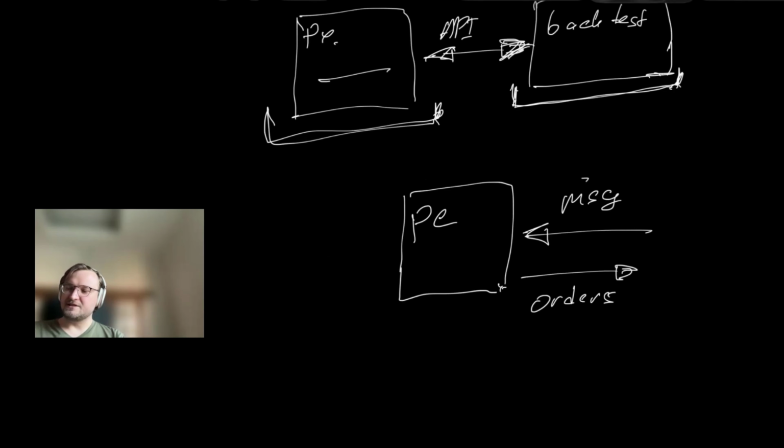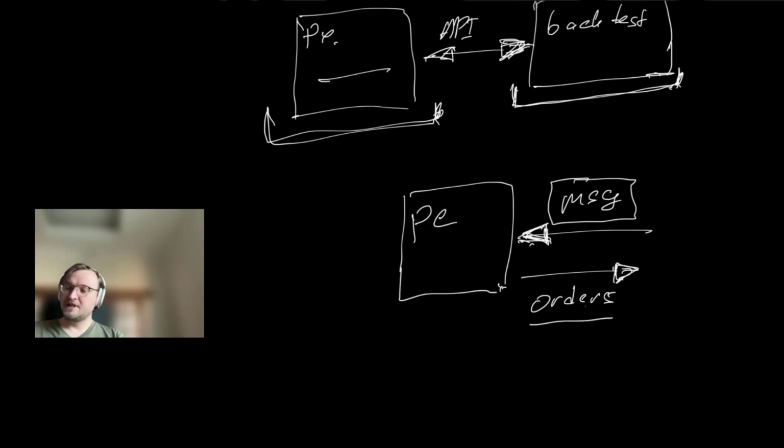What kind of messages does it receive? Mostly it's market data. It's like, yo, mate, this stuff just traded at 10, now at 10.02, 10.03, again 10, and so on. It just receives a constant stream of data from one or more exchanges. And when it thinks that it's about time, it issues some orders.